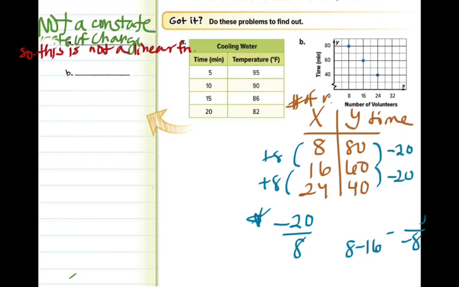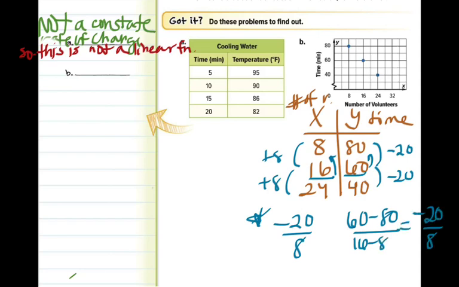If I wanted to take the second number minus the first, I'd have to do 16 minus 8. So as long as I'm going in the same order, I end up with the negative 20 over 8. Honestly, whether it's 20 over negative 8 or negative 20 over 8, it's going to end up being a negative. That's just a little side note.